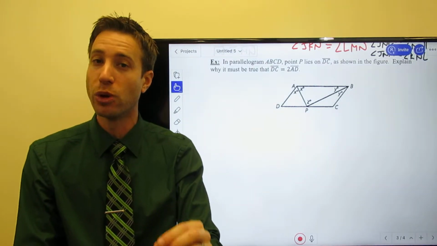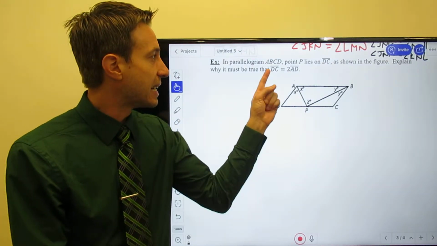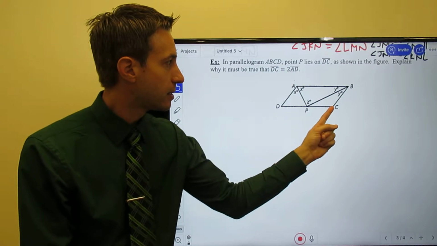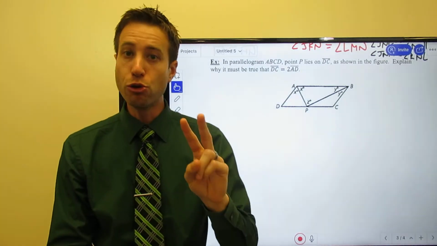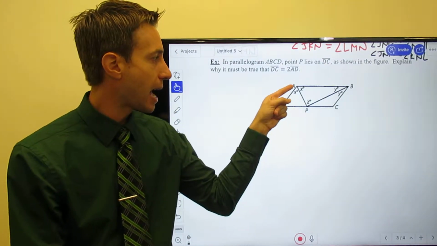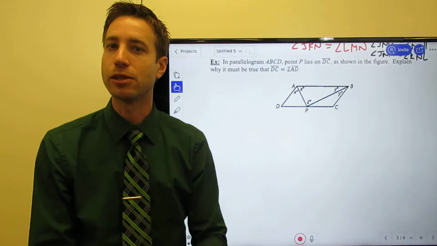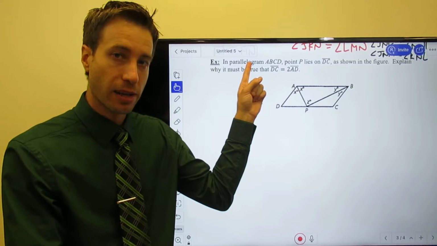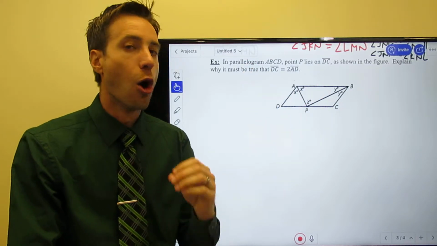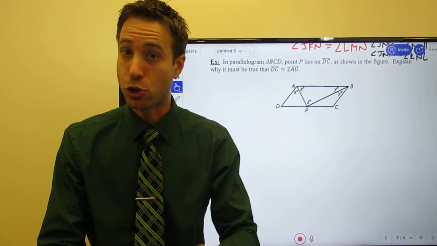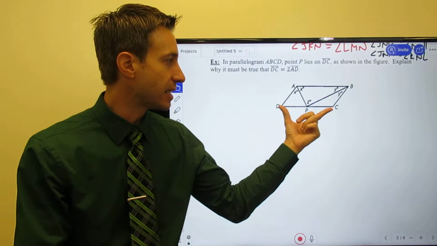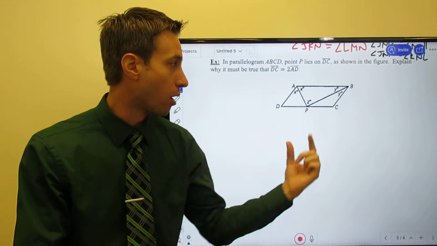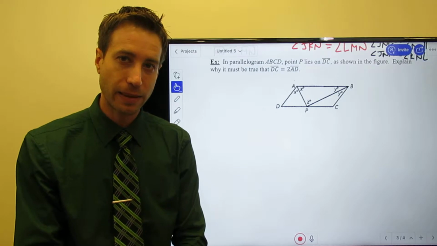I'm telling you it is true that DC is 2 times AD. So I want you to explain to me, based on the fact that this is a parallelogram and the information I've given you, why must it be true that DC is twice as long as AD?